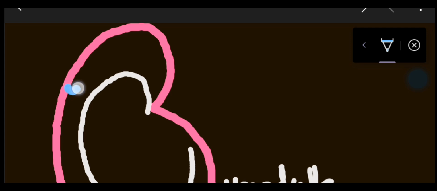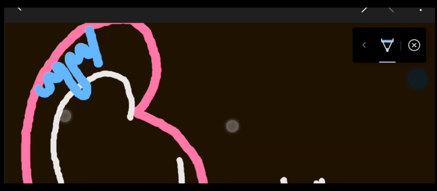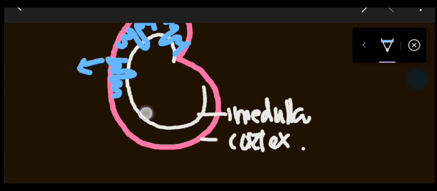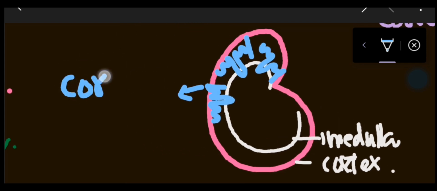This is the glomerulus, Bowman's capsule, PCT, loop of Henle, DCT, and collecting duct. Over here also, PCT, loop of Henle, DCT, collecting duct are present. These are known as cortical nephrons, which are only present in the cortex of the kidney.